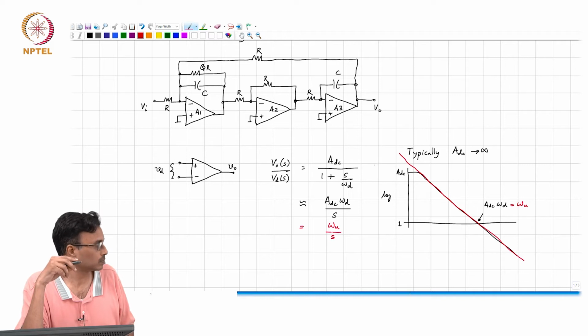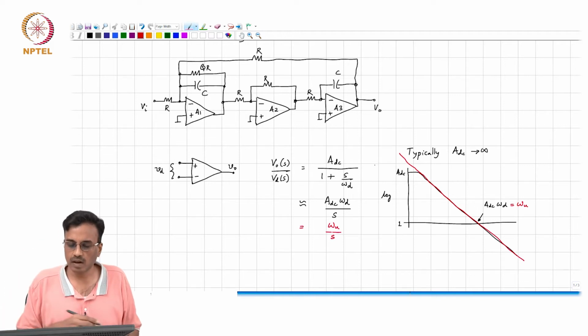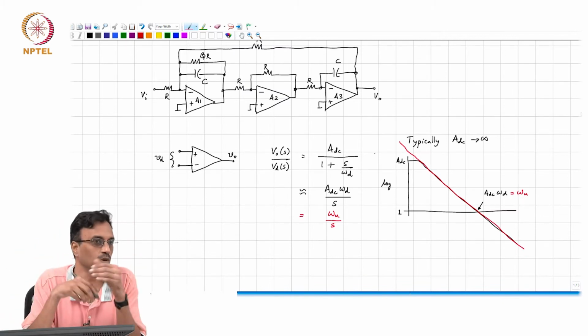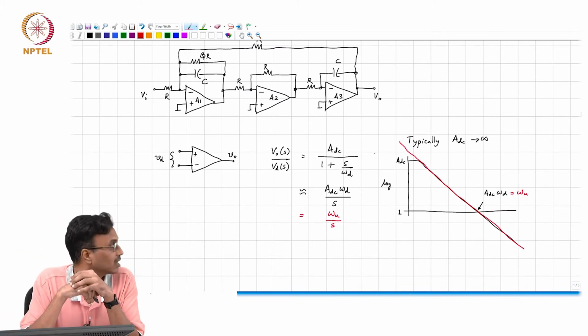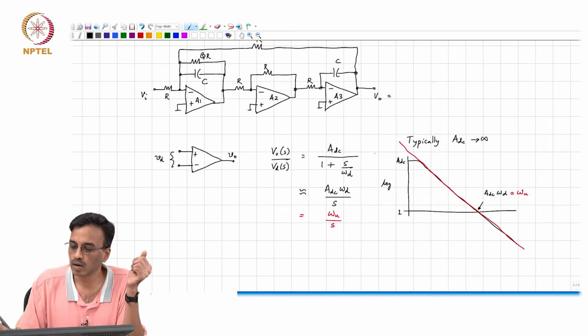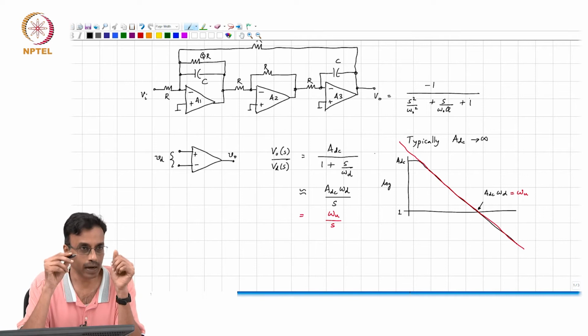All right. Now, what is the obvious question now? If the op amp is ideal, the transfer function we would get here would be what? Minus 1 by s square by omega naught square plus s by omega naught Q plus 1, all right.